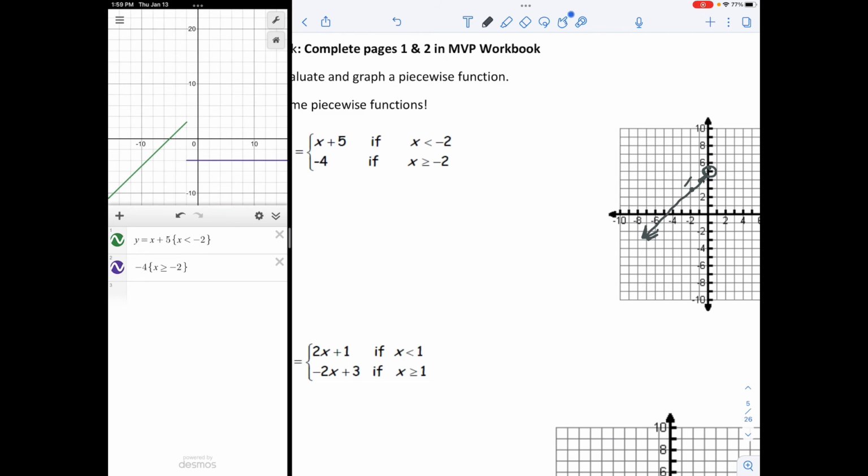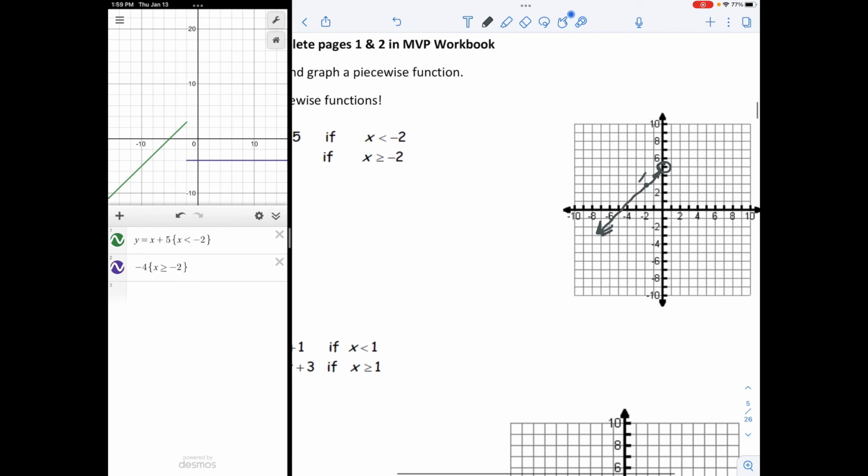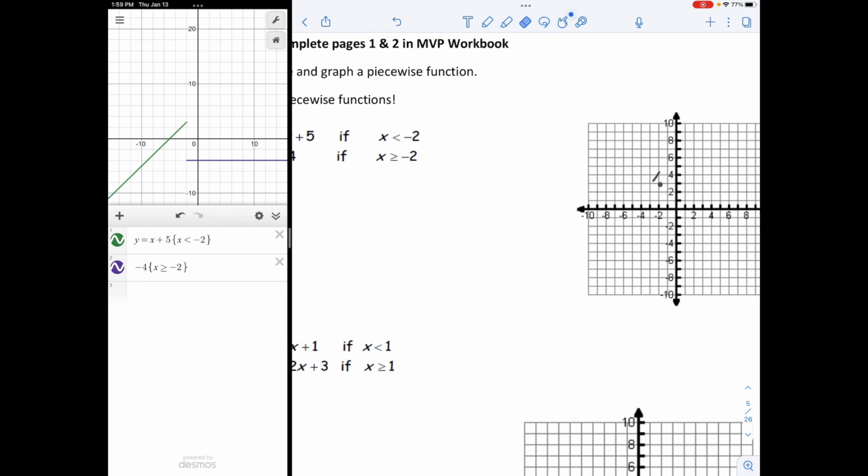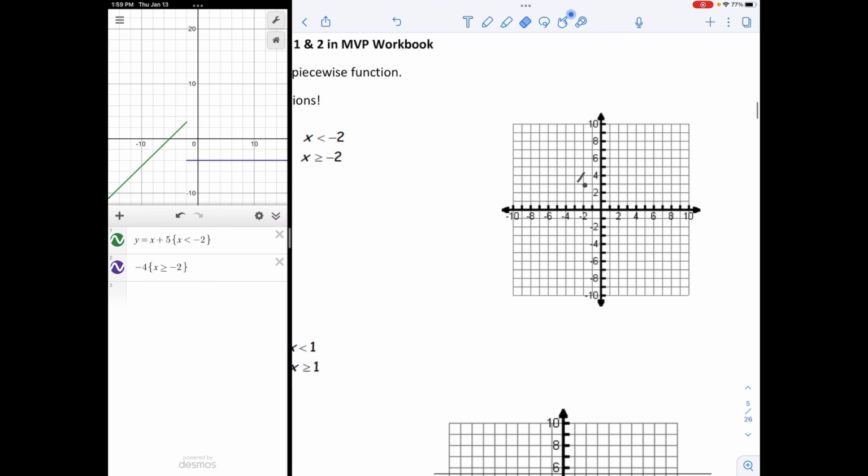And then if we notice on Desmos, our -4 is a horizontal line because it has a slope of 0. We have a horizontal line that starts at x equals -2. I did that incorrectly, please forgive me. It starts at x equals -2, which would be here. So I have my open circle at x is -2, that's where my open circle would go, and then I'd go down 1 and over 1 because that's my slope.